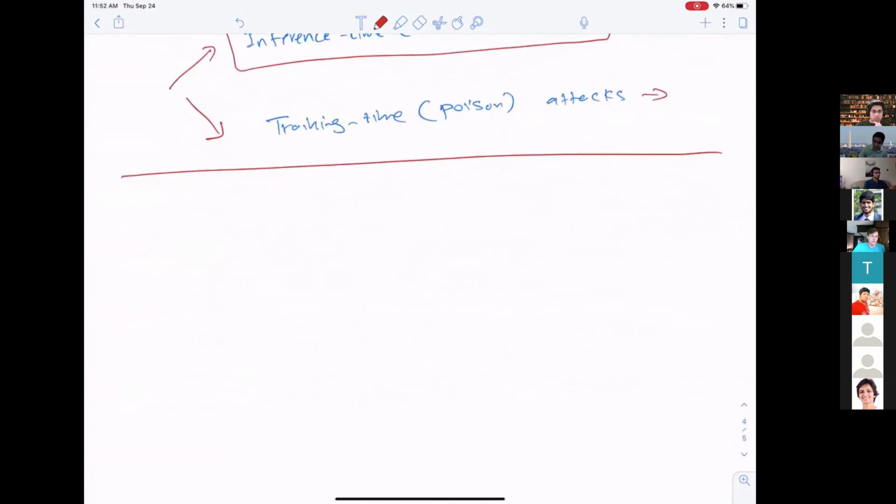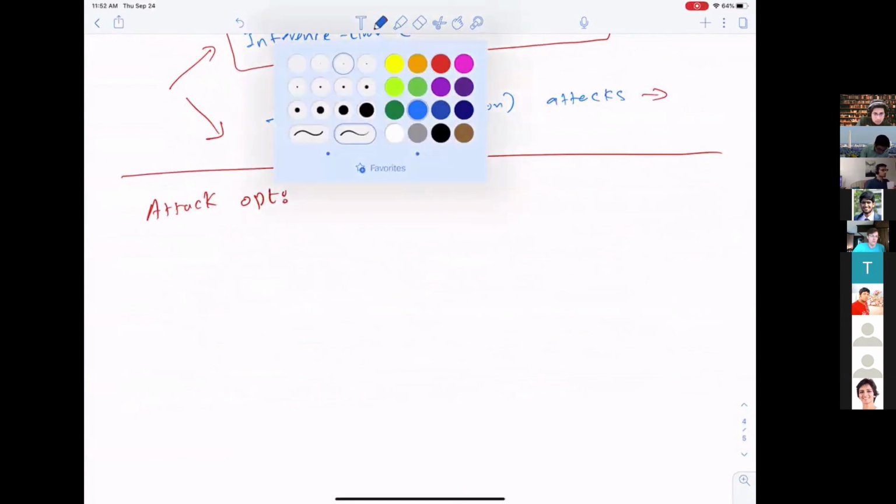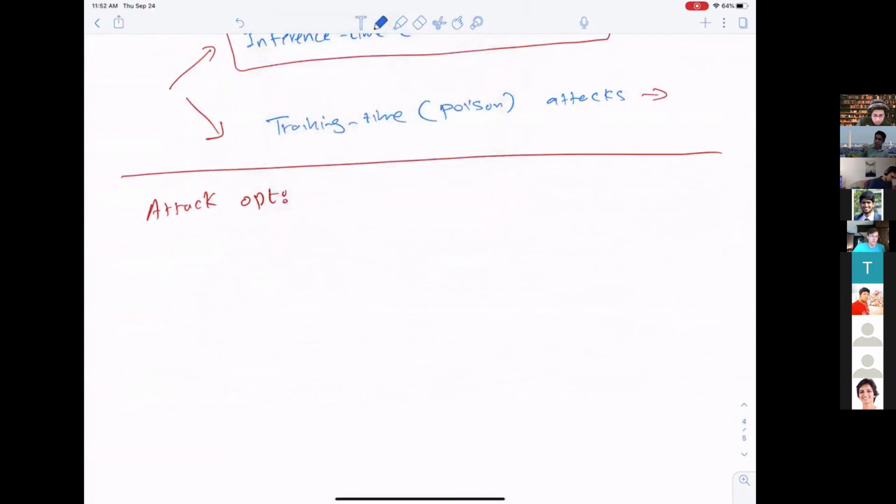All right, so what is the attack optimization problem? Remember, during the training of the model, we are minimizing the classification loss, right? So that's the goal. But in the attack, we are going to do the opposite.